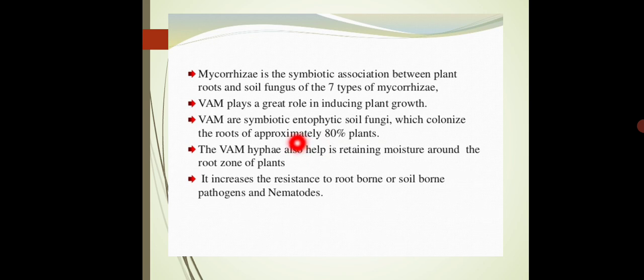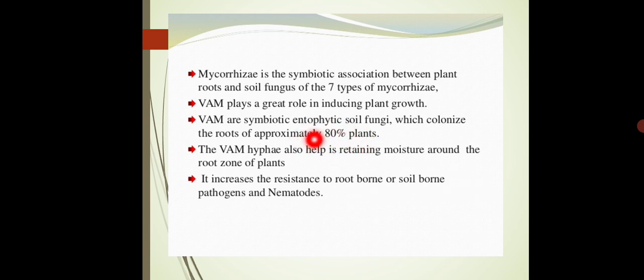VAM are symbiotic, endotropic or endophytic soil fungi. Endophytic, also known as endotropic, means they live inside the plant. So where do these VAM live? They live in symbiotic association with the plants.